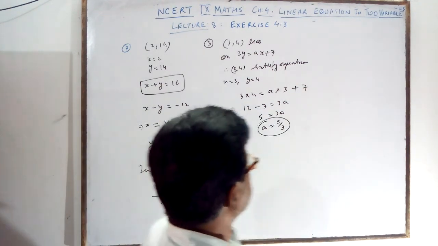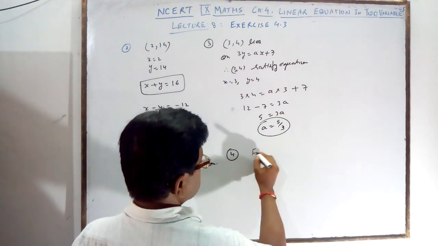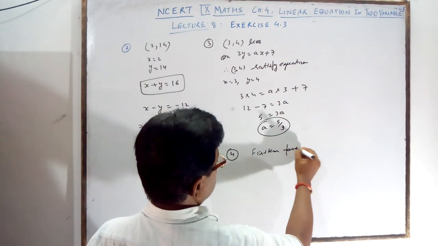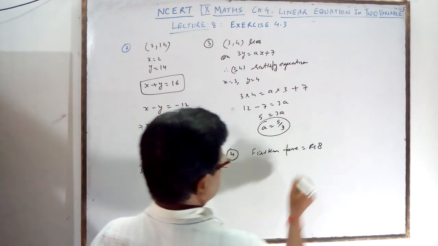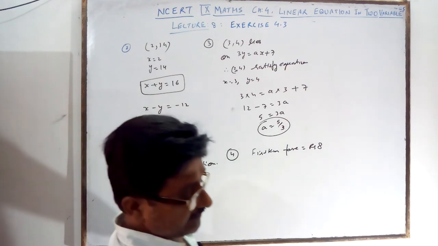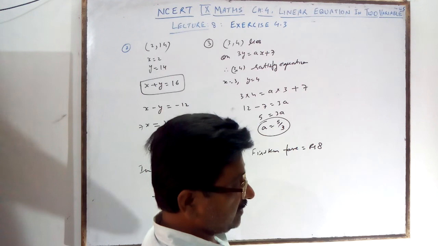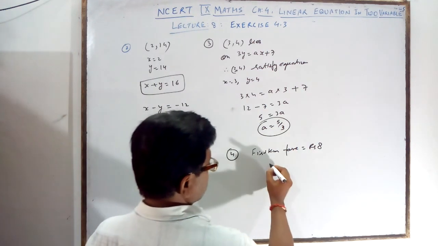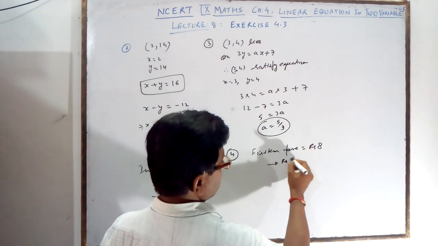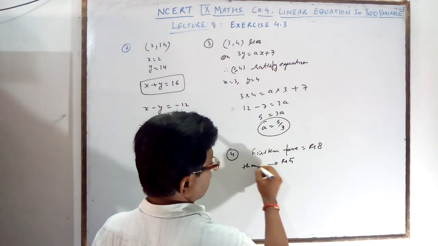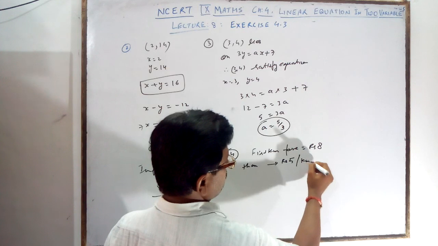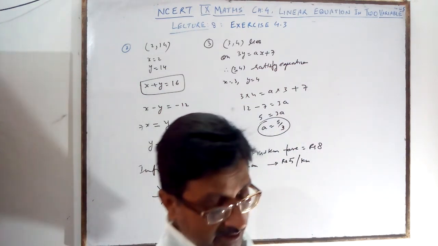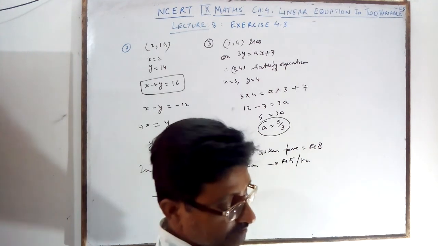For the first kilometer what is given? The fare is given as rupees 8, and for the subsequent distances it is rupees 5 per kilometer. And you want to get the equation for this.